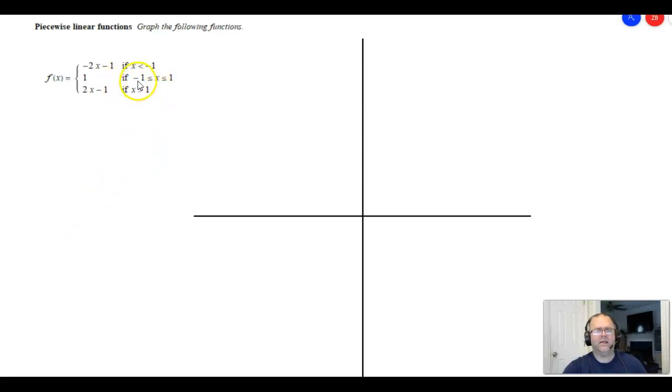So the first thing I like to do is see the breakpoints. At what x values does this thing change graphs? It looks like it changes at -1 and +1, and I can see that on the right hand side here. So if x is less than -1, if it's between -1 and +1, and if it's greater than +1.